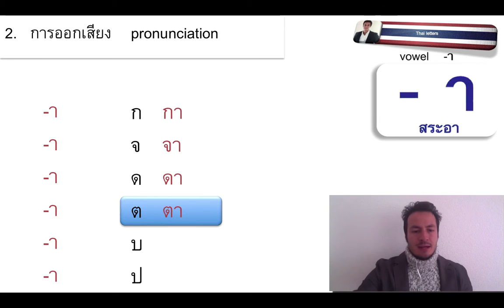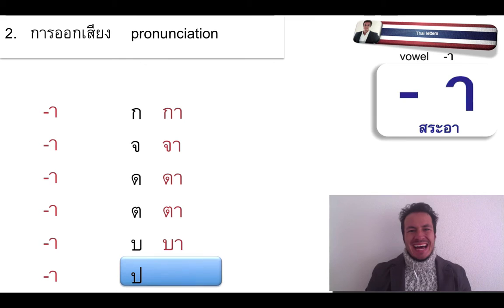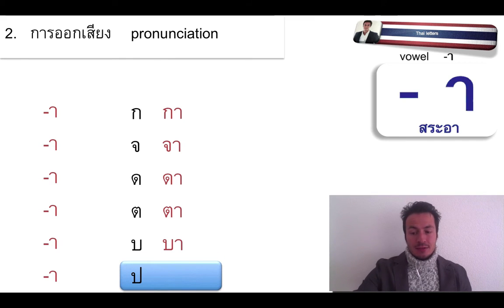Okay, now the next example is ba by mai plus sara, leading to the syllable ba. Great. And the last example, ba bla plus sara, leading to a syllable that we speak ba.